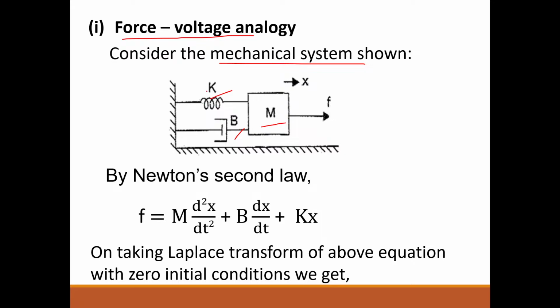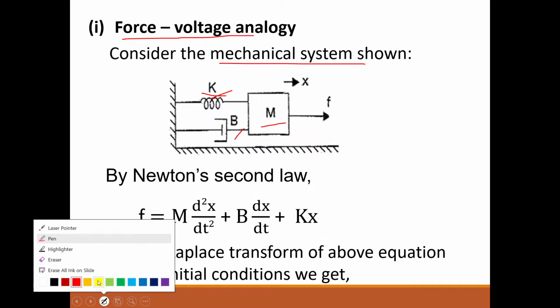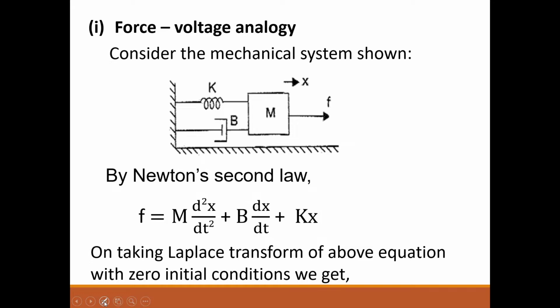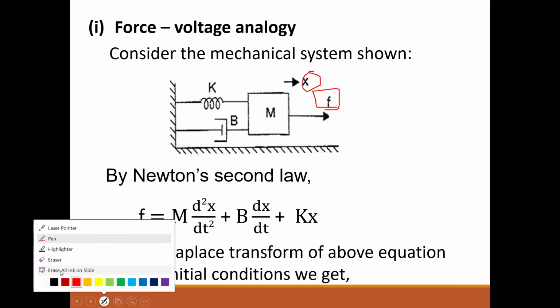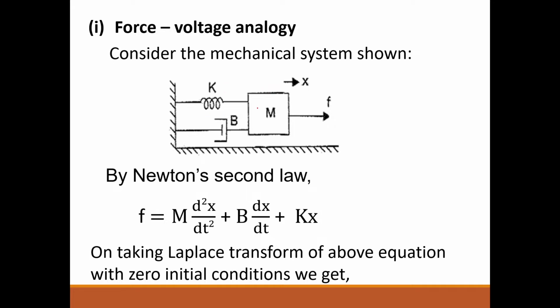And this is our spring, which is represented by elasticity coefficient, that is K. You can note it down in your notes. All three basic elements have been mentioned here. This is our input, that is force, and let us assume there is a displacement of x here. You can copy down this diagram in your notes.